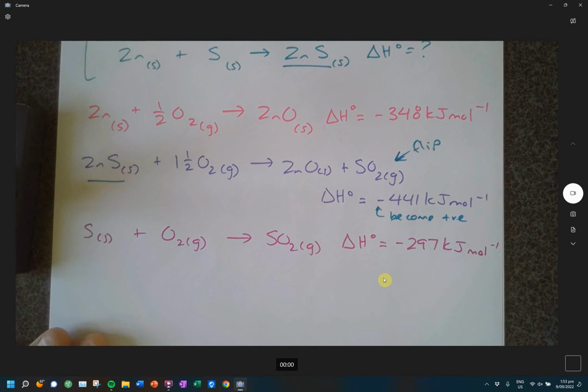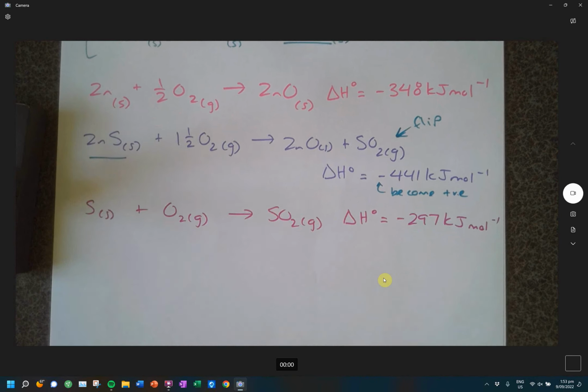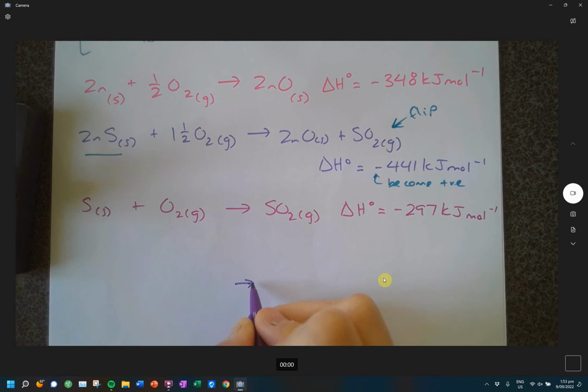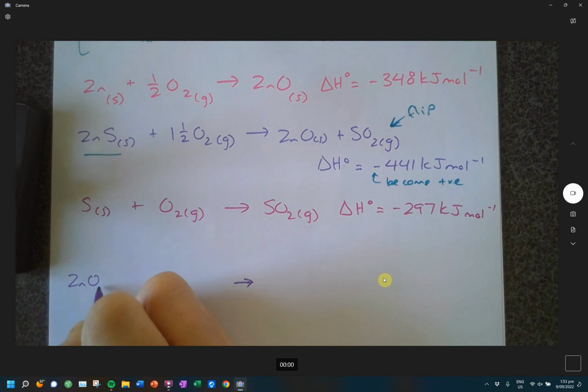So let's write out what that's going to look like. If I was to flip that equation, I like to line things up so that it's easy for me to cancel later. So putting the arrow nice in the middle, I would have zinc oxide going first. Oops, that shouldn't be a 2.